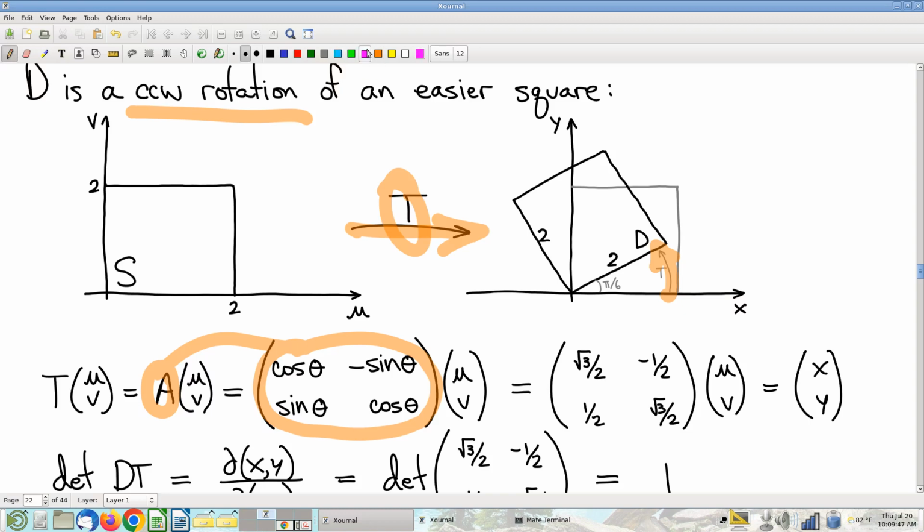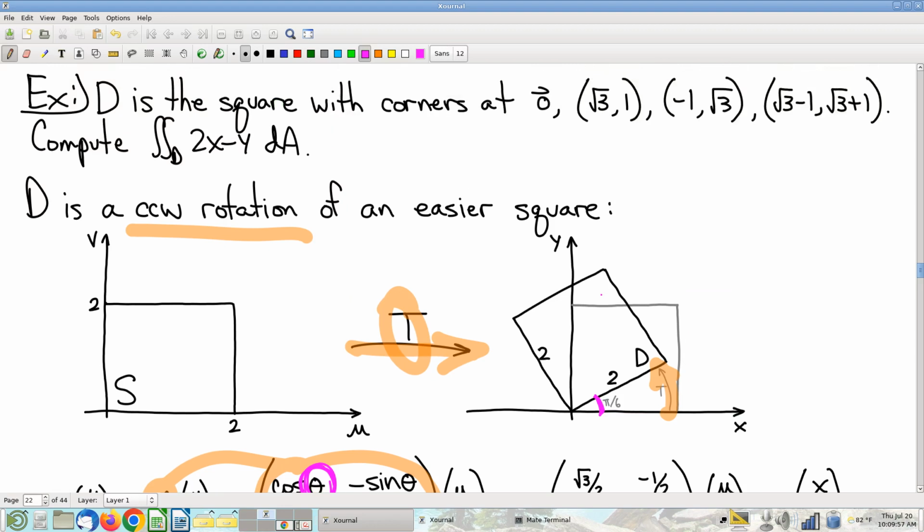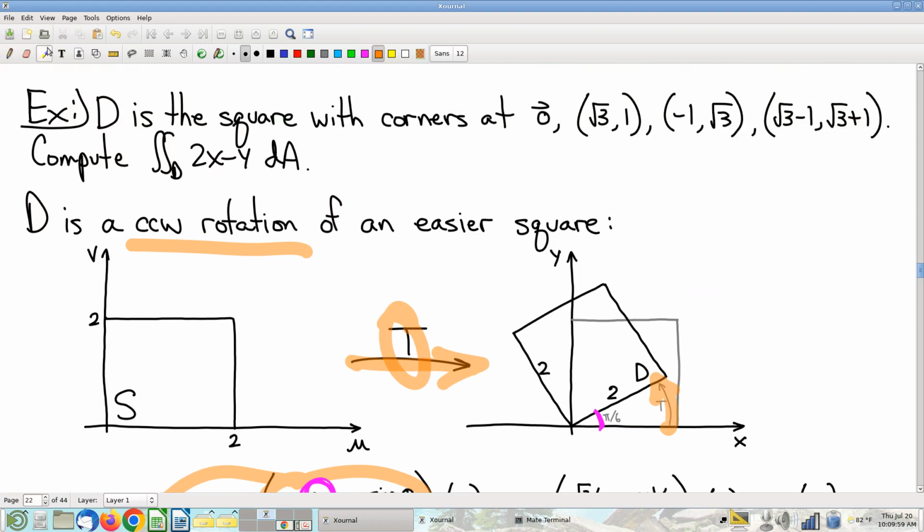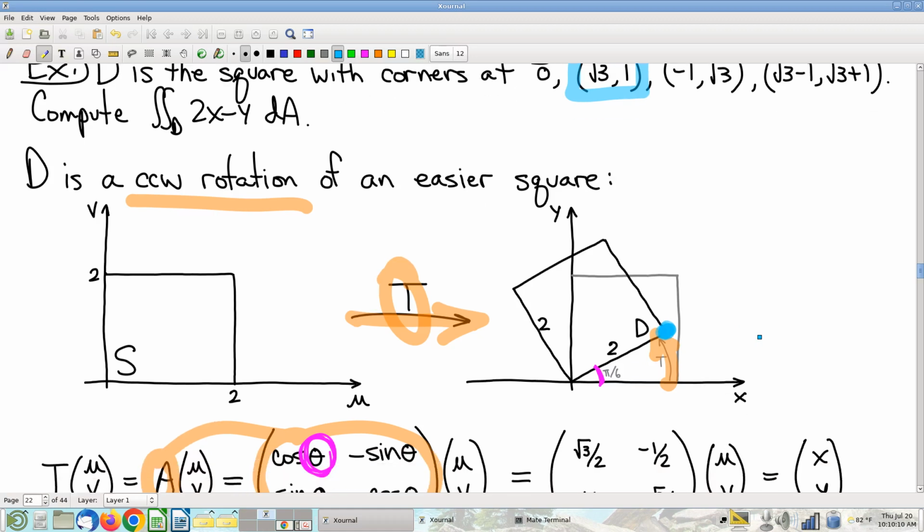In particular, the angle theta here is the angle by which you're doing the counterclockwise rotation. You can look at the numbers we were given; keep in mind we know these points. So, for example, that point right there is that point right there, and a little bit of trig in the plane will persuade you that that angle is pi over 6.